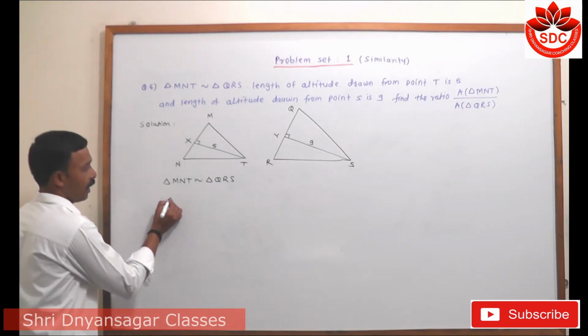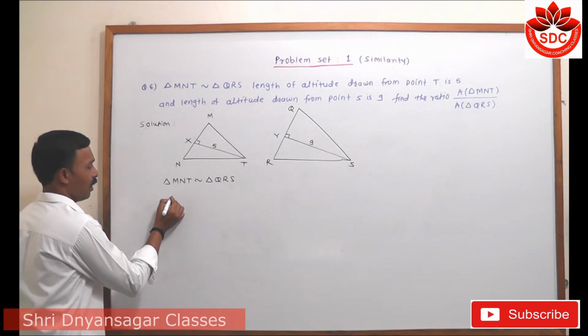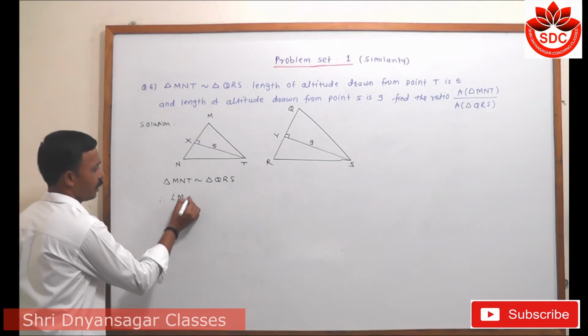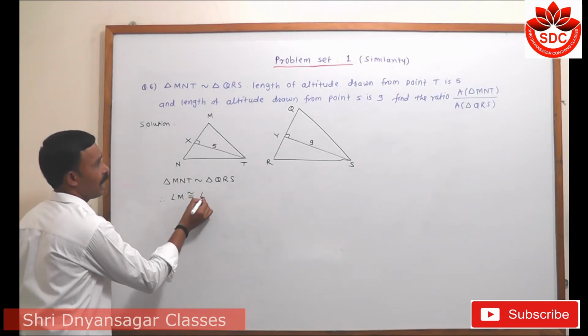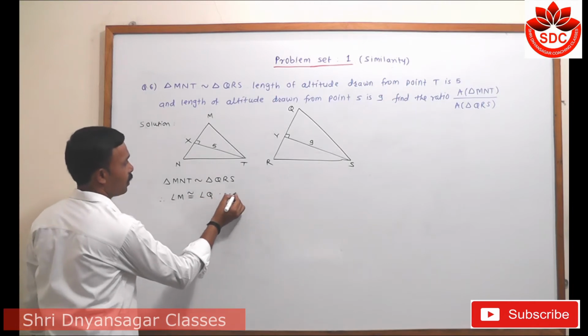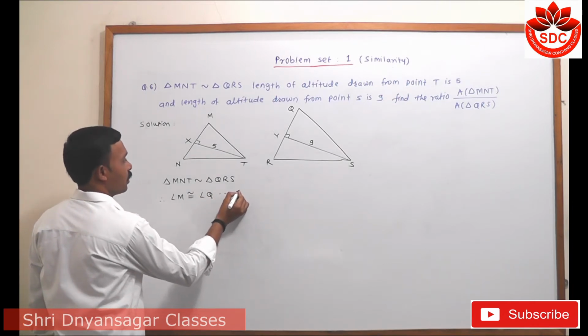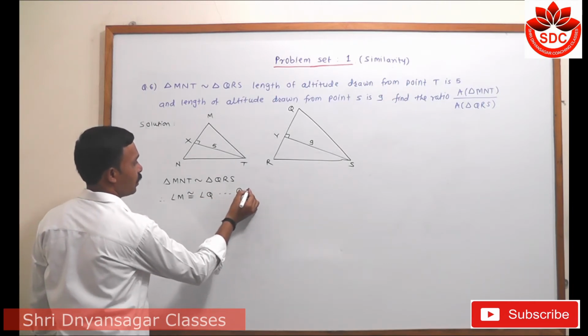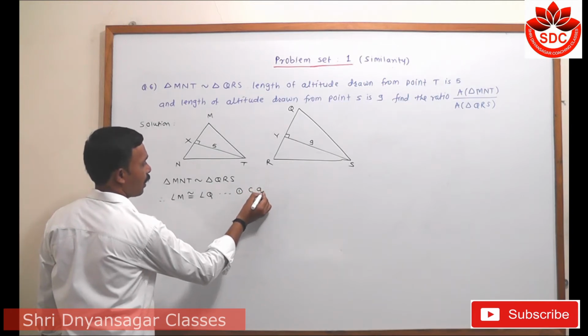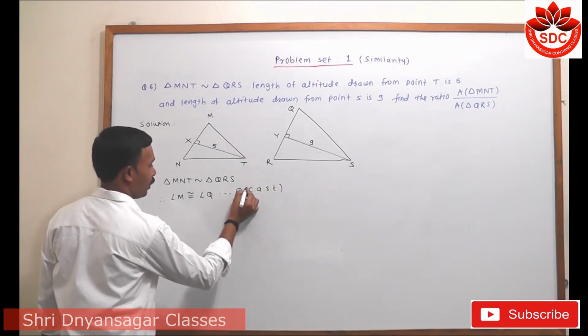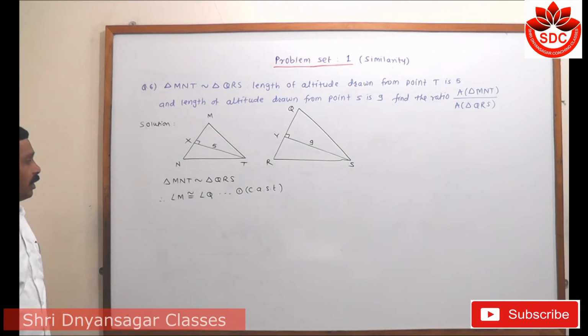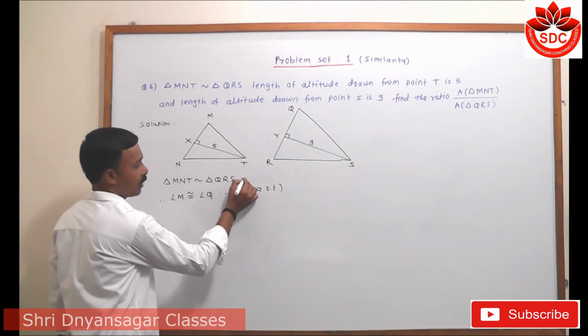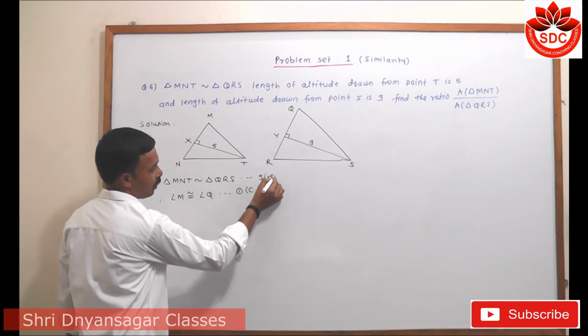So we take any one angle: angle M is congruent with angle Q. Suppose this is equation number 1, the corresponding angles of similar triangles. This is the given, meaning these two triangles are similar.